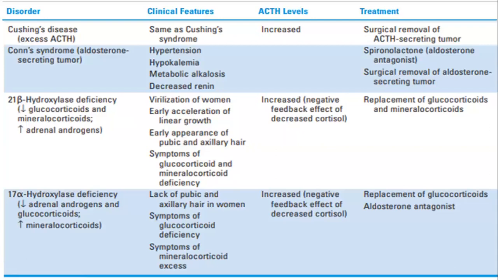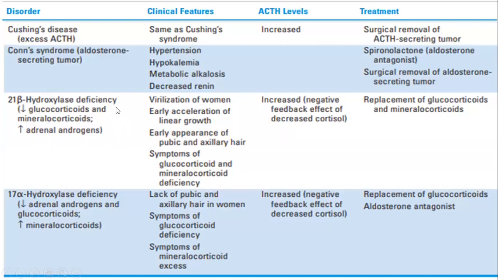So in turn, a deficiency in your 21 beta hydroxylase would result in increased accumulation of 17-hydroxyprogesterone and progesterone levels. And this eventually also increases ACTH level. Why increase ACTH?